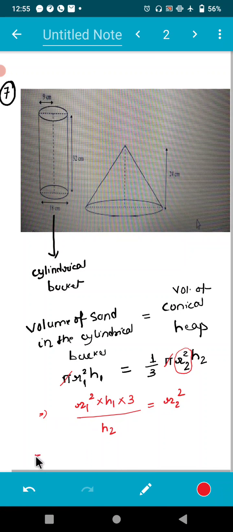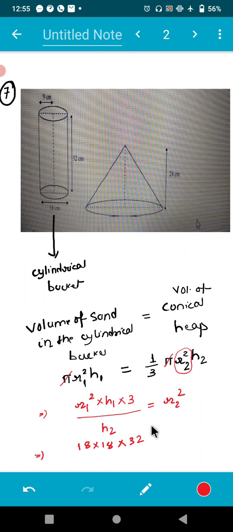Now what is r square? R square is 18 into 18. And what is h? We have the height of the cylinder given as 32, and we have 3 also here, and h2 we have 24, and this would be equal to r2 square.